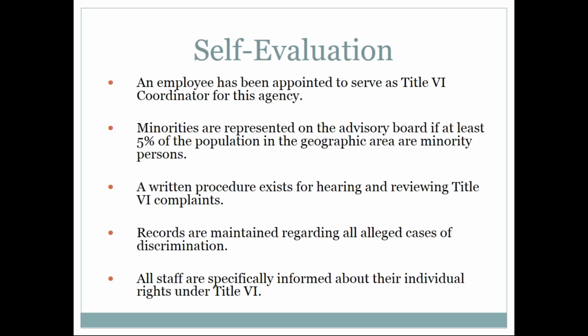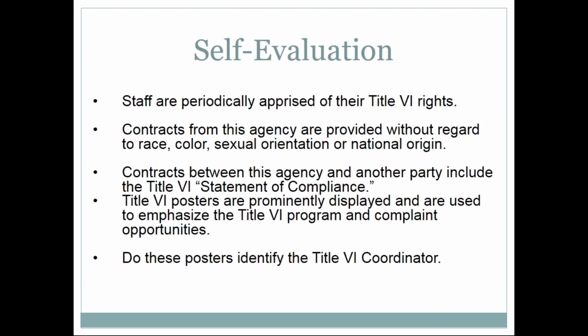And you want to make sure that all of your staff are specifically informed about their rights under Title VI and that they have regular ongoing training. Staff should have yearly training. They should be periodically apprised of their Title VI rights, and they should have, again, annual training about Title VI. That's why the coalition does this training, usually every year in June, to make sure you all have the opportunity to receive it.